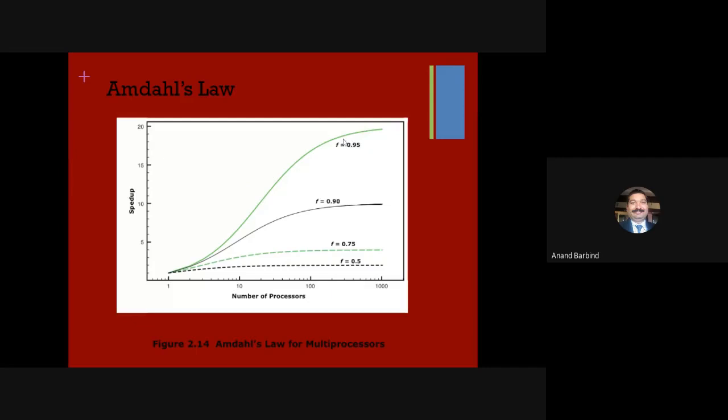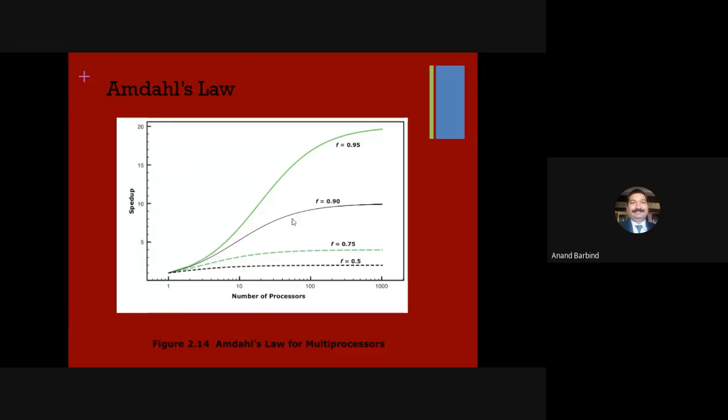It is now saturating. Even if you are using 1000 processors, your speed will increase by 20. And even if you go for 5000 or 10,000, there won't be much increase in the speed. That means just increasing the number of processors will not increase the speed.